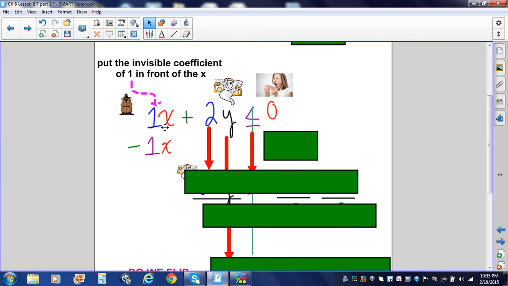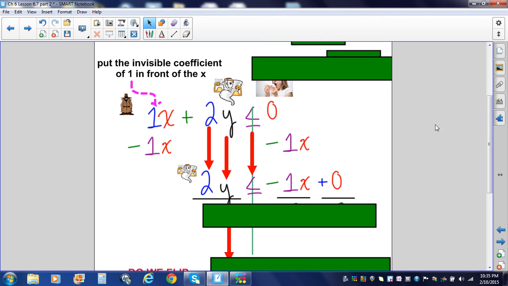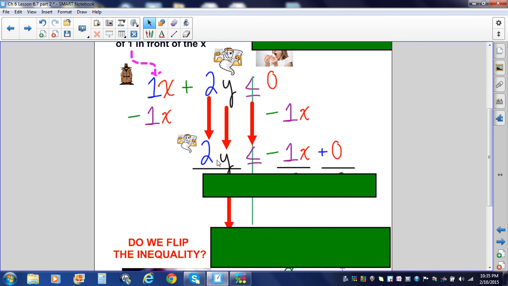We'll move that term to the other side by doing the inverse operation. Noticing that I cannot combine the constant and the variable because they are not like terms, I'll rewrite the inequality, and I have 2y ≤ -1x + 0.